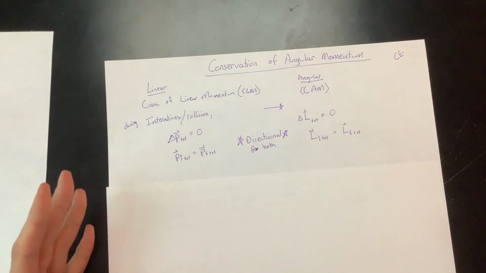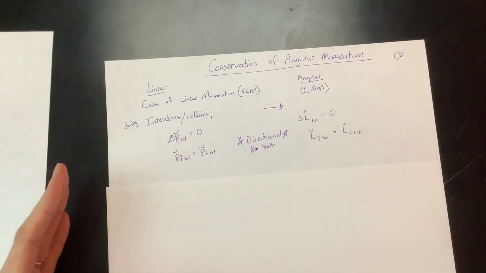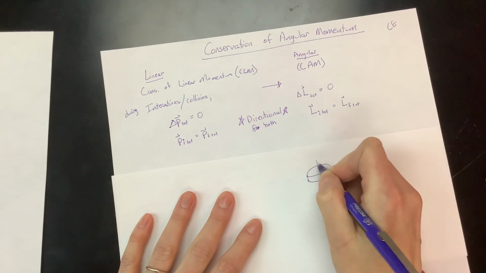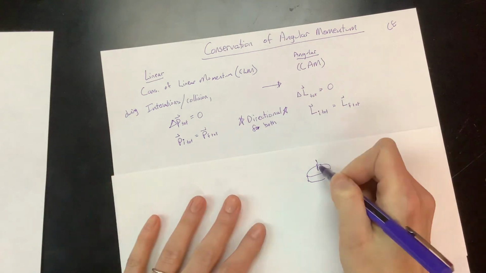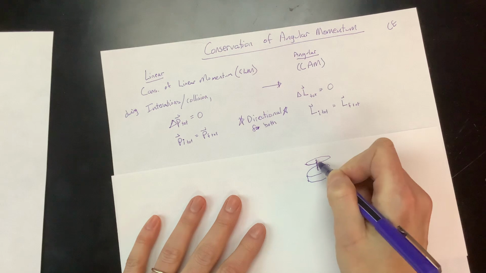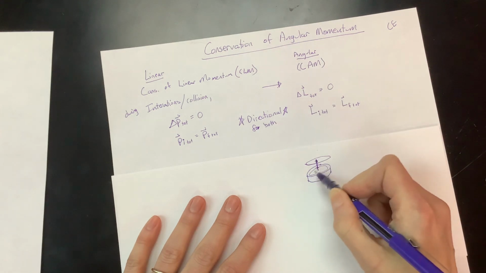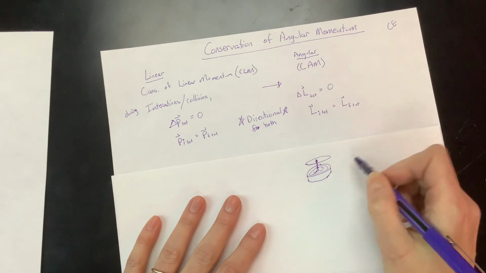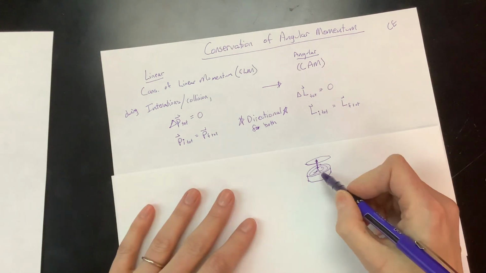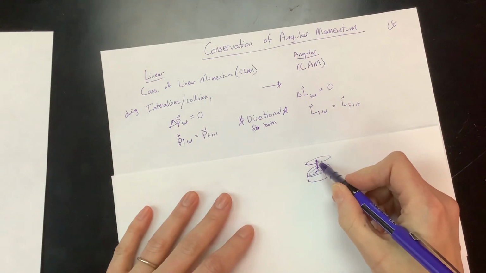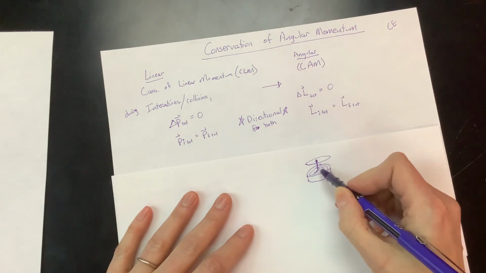So there's lots of different ways that we can do this. You might see an object that is rotating like a record player. They used to have a little thing that would hold a record up until it was ready, and when the needle got to the end of the record, it would drop the next record down so you could play it.